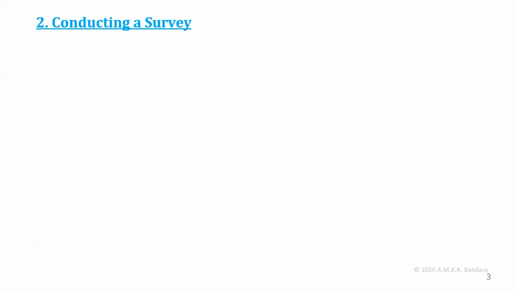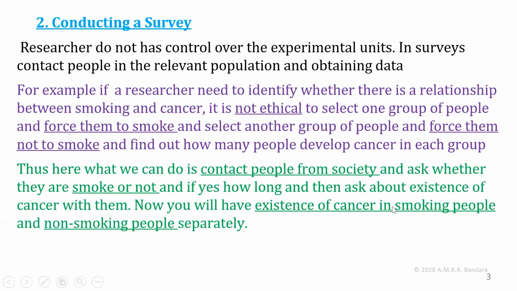But when conducting a survey, it is not possible. Assume we want to find out whether smoking is a cause of cancer. In that setup, we will not be able to select some group of people and force them to smoke cigarettes, and select some other group as non-smokers. The experimenter does not have control over the subject.